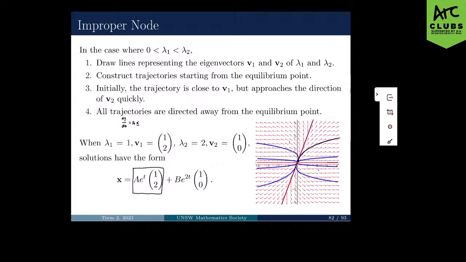And then as t goes to infinity, the second term starts dominating, and so our trajectory starts going in that direction. So that's how we draw phase portraits in the case where eigenvalues are real, positive and also distinct. I almost forgot that point. And obviously, since the eigenvalues are positive, the equilibrium point is unstable.